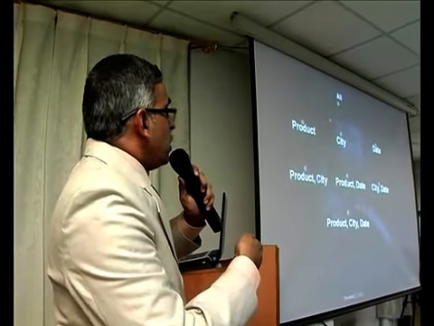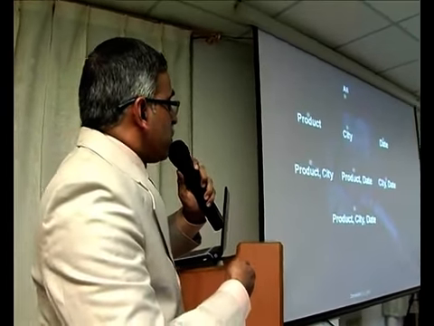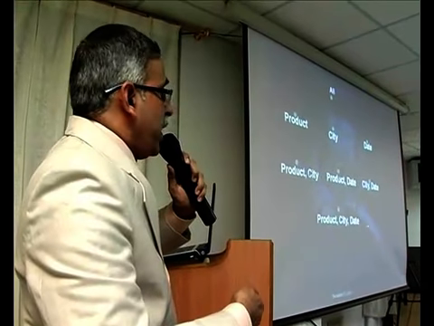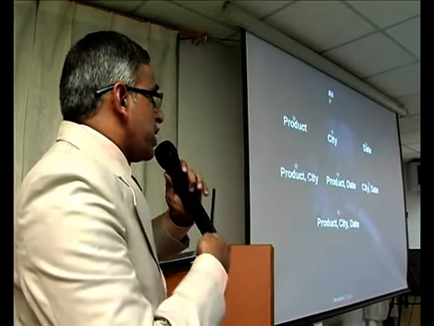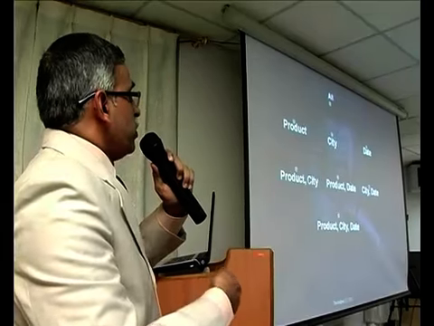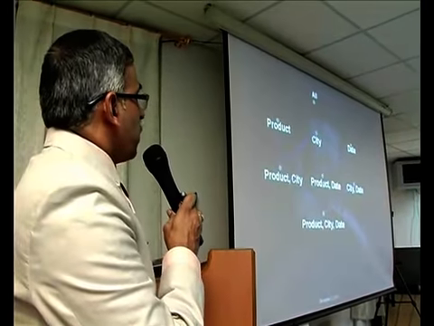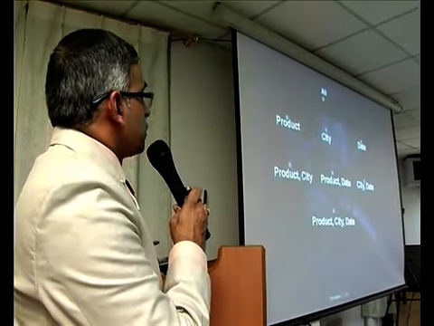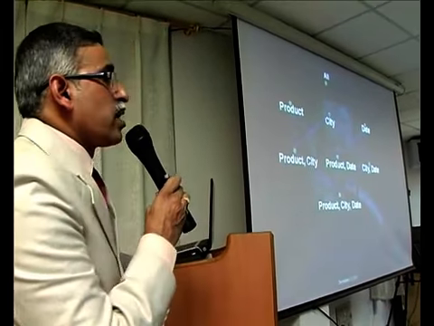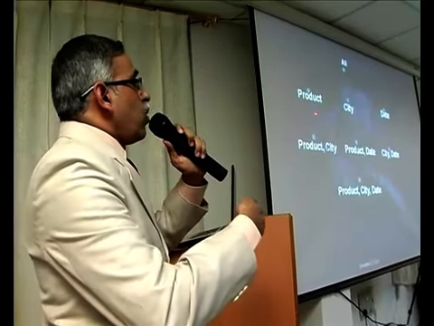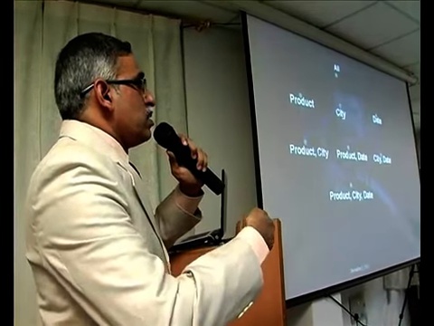Total sales means the total sales over all cities where the product has appeared on all dates. That is computed again by using these two-dimensional combinations. Similarly, the city date combination, then the city date computation. These are called one-dimensional cuboids.